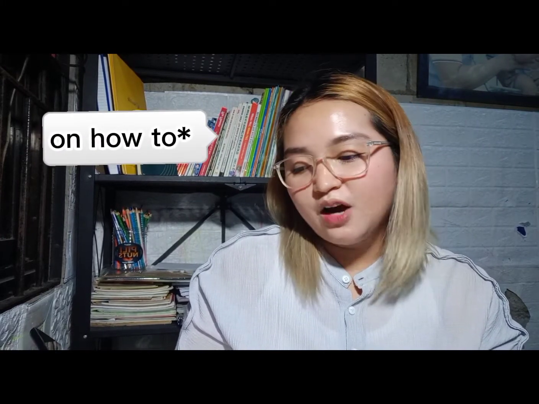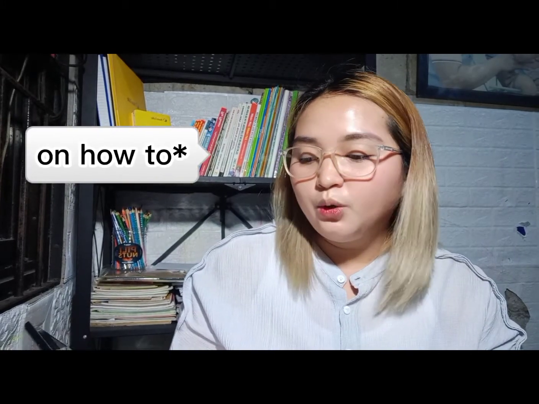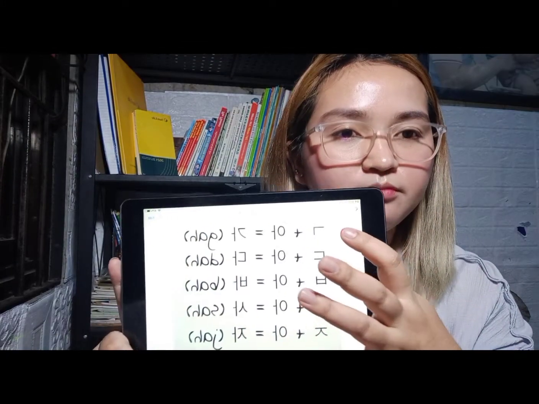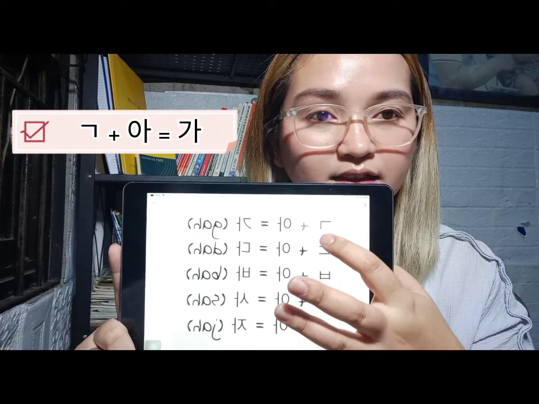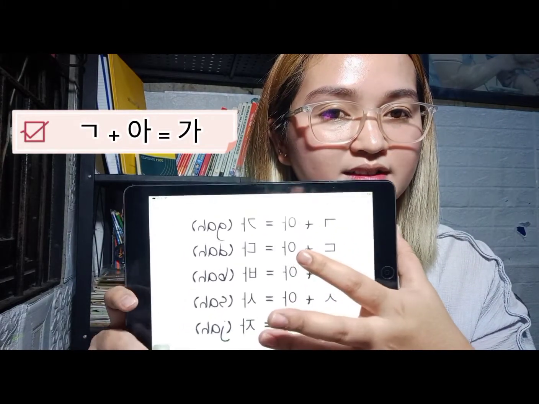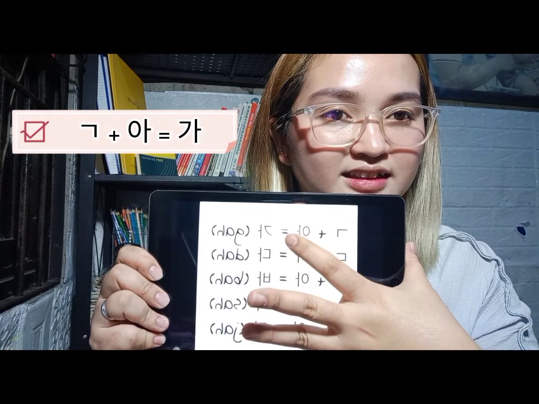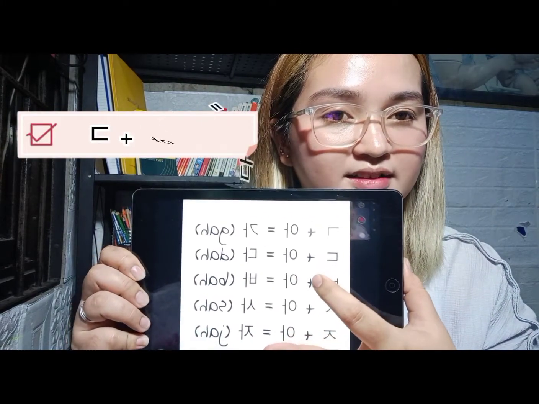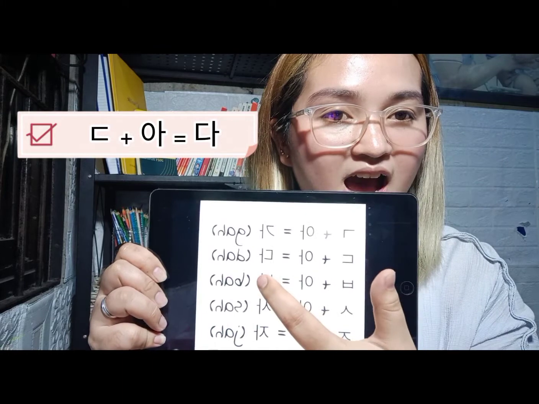So, now, let's move on to how to pronounce or how to read them. We all know that Korean consonants cannot be read as they are. We can read them by adding a vowel next to them. Let's try it first with the single consonants. Kiyuk plus a equals ka. Tiget plus a equals ta.